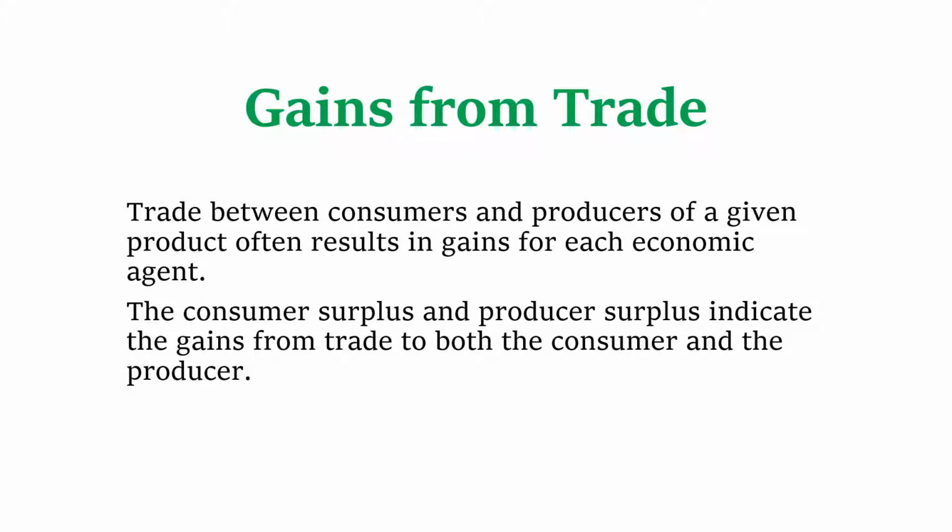And the gain experienced by the producer is referred to as the producer surplus. Now, when we add those two surpluses, then we obtain the total surplus. In other words, the total benefits to the society as a whole.